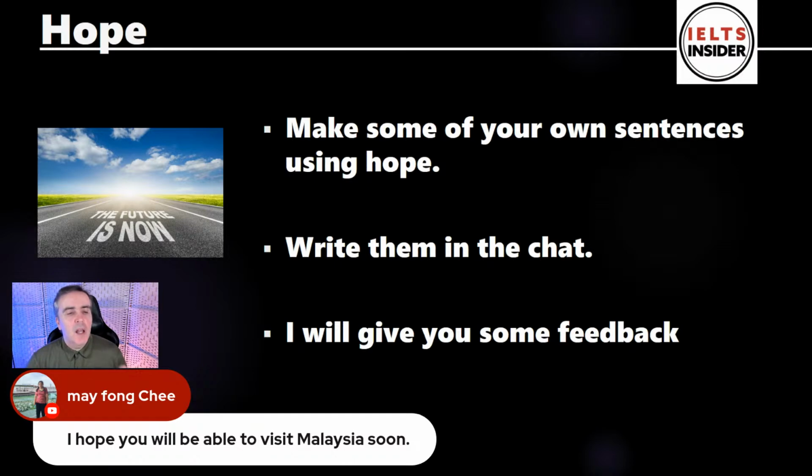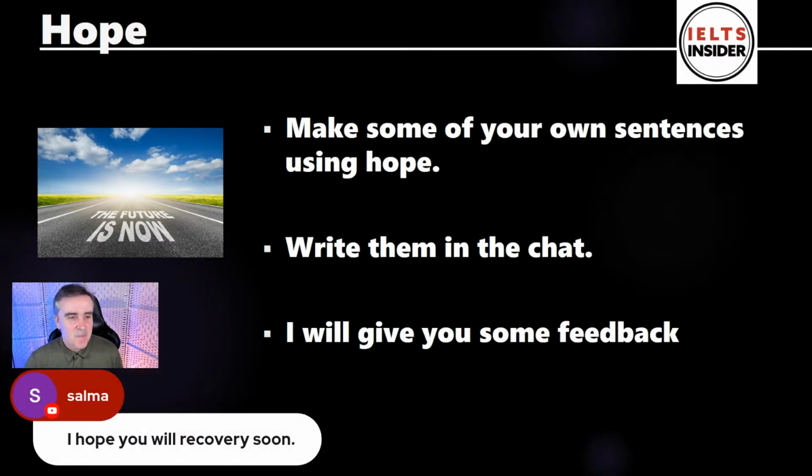May, I would love to visit Malaysia. There's a place that has a famous bicycle race called Langkawi. I would love to go to Langkawi. I would also love to go to Kuala Lumpur. Oh, I hope I will be able to visit Malaysia sometime soon.